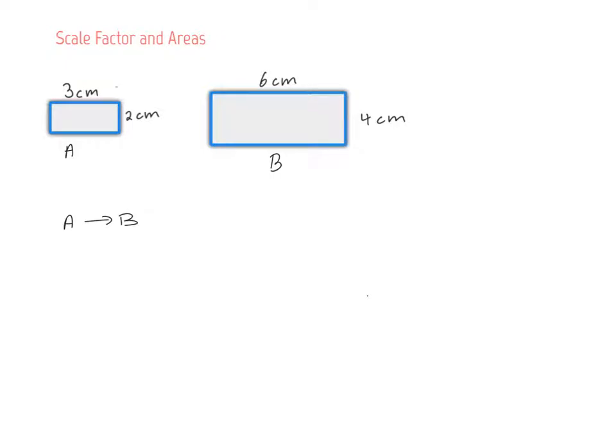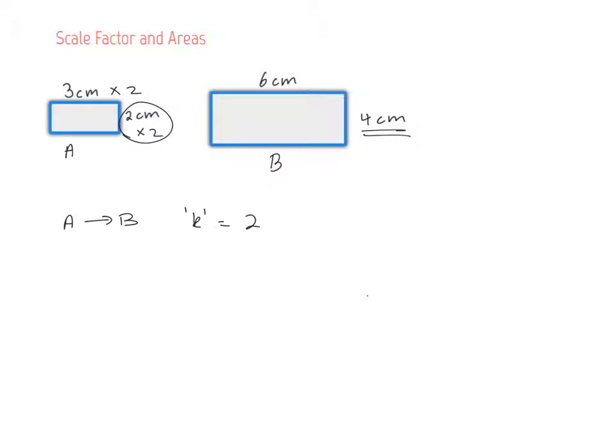Well, this side over here, I'm multiplying by 2. Let's say multiplying by 2 to this side length will give me this. In fact, it does. Therefore, my scale factor is I'm multiplying by 2. So my scale factor, or K, is 2.